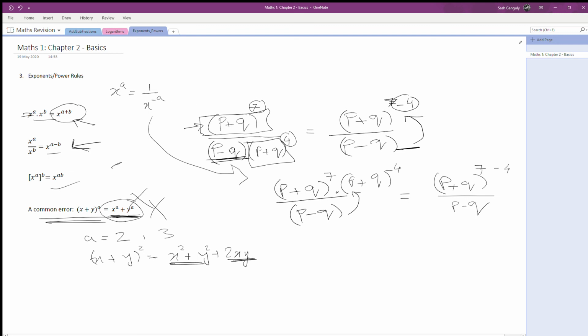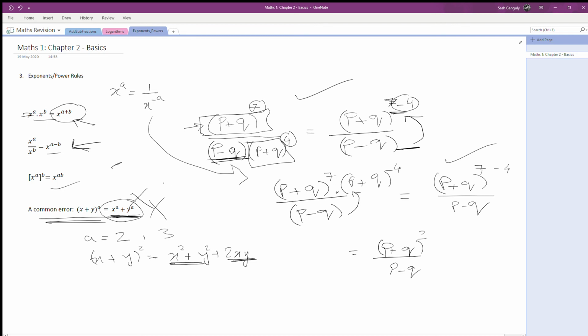So it clearly depends on whichever you're more comfortable with. Is it this one or this one? It's just different way of visualizing the same steps for solutions. So what you have now is p plus q, 7 minus 4 is 3, upon p minus q. And this will also give you the same answer.